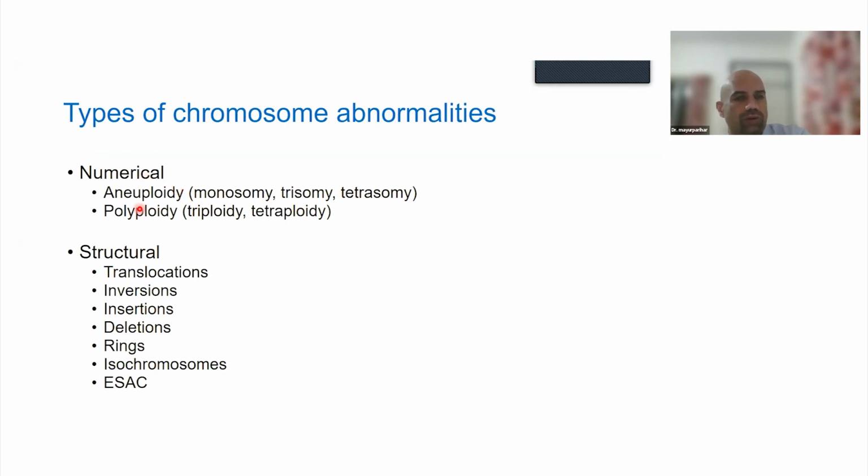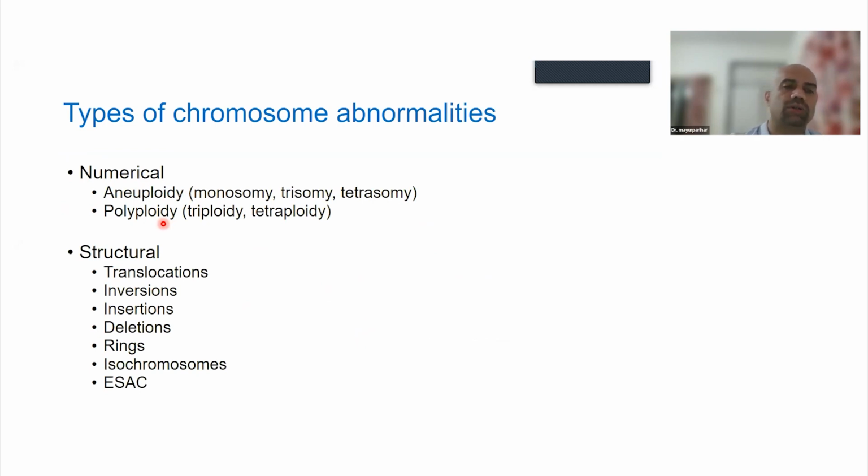Now, what are the types of chromosomal abnormalities? You could have numerical or structural. Numerical are aneuploidies, wherein you can have a loss of a chromosome or a gain of a chromosome, and polyploidy, wherein it's basically just a duplication. So 23 chromosomes becomes 46, becomes 69. Multiples of 23 are called polyploidy.